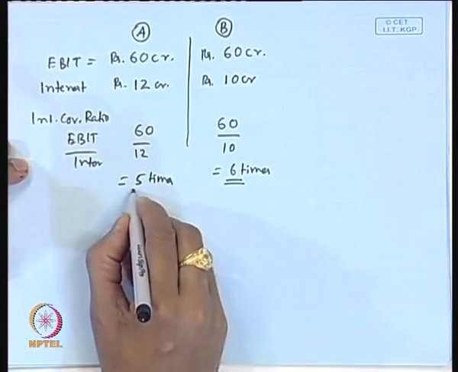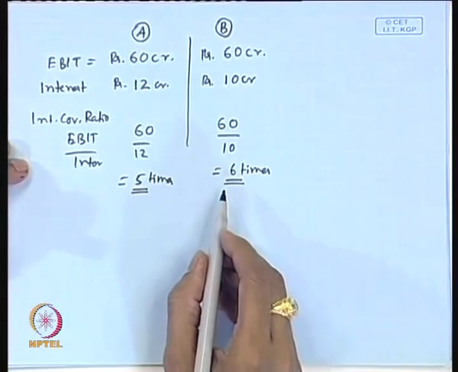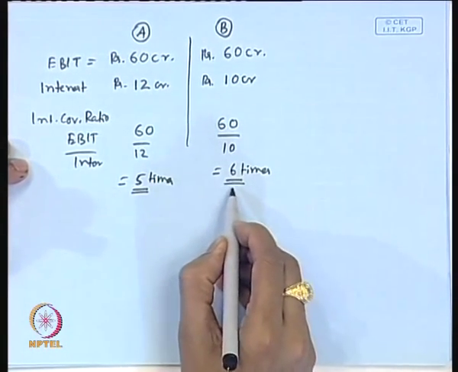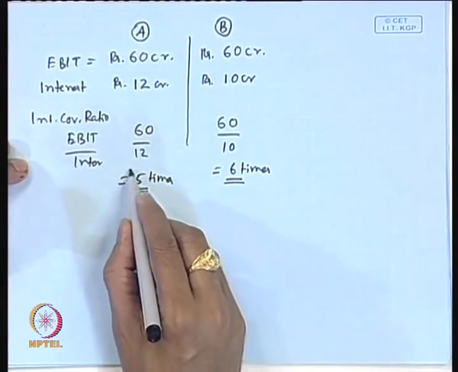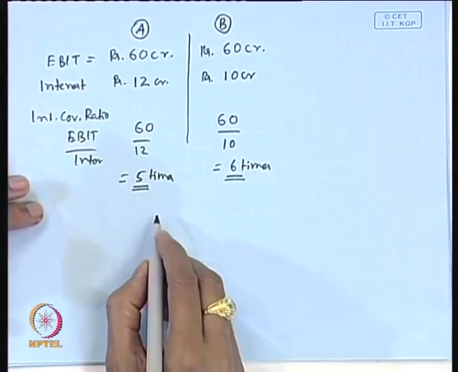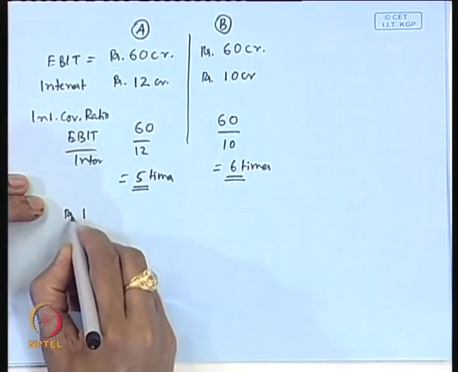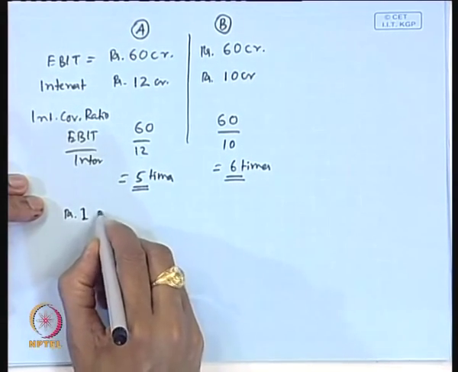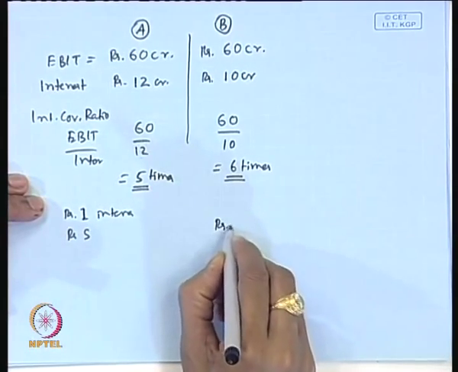Now, one can obviously see that company B has earned 6 times its interest as far as EBIT is concerned, whereas company A has earned 5 times. That means, for every 1 rupee of interest required, company A has earned rupees 5, and company B has earned rupees 6.